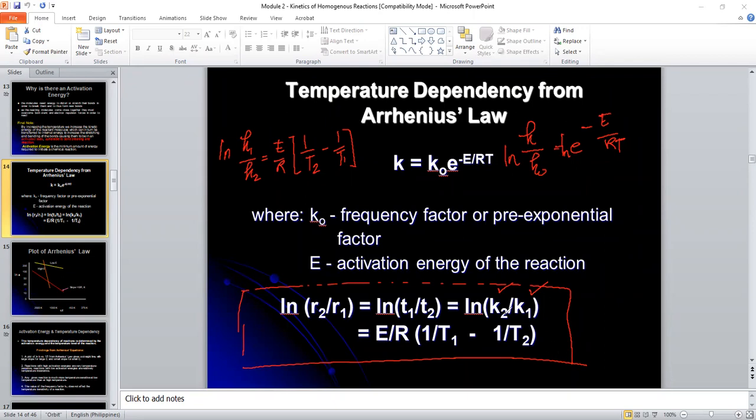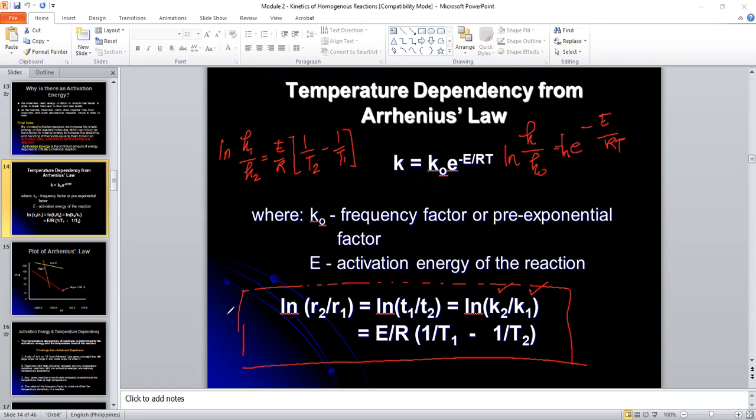So if we have k sub 2 over k sub 1 here, we have the ln of the rates, r sub 2 over r sub 1. So it is the same. But in terms of time, if it's 1 here, it's also 1 in here. If it's 2, it's also 2 in here. This set of equations could be equated this to this, or this to this.